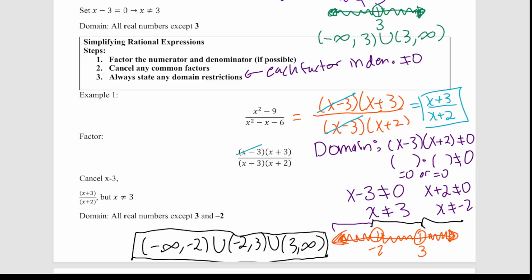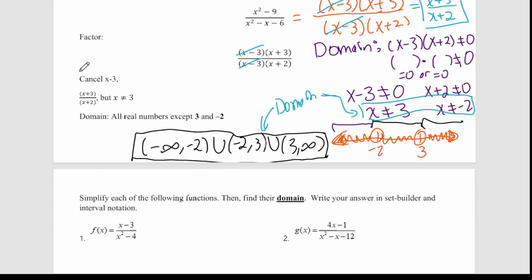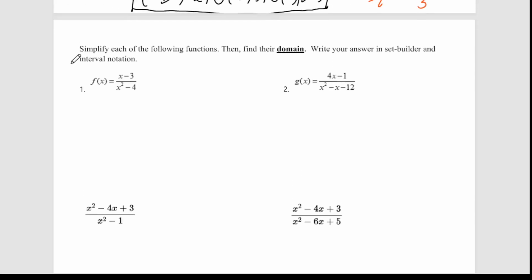Again, same sort of deal: whenever you have something divided by itself, that's able to cancel out to make 1, but that's still an initial restriction on the domain. So the domain is still that x cannot be 3 and x cannot be negative 2. Both of those happen pre-cancellation, but then you can cancel out to get that final simplified expression.